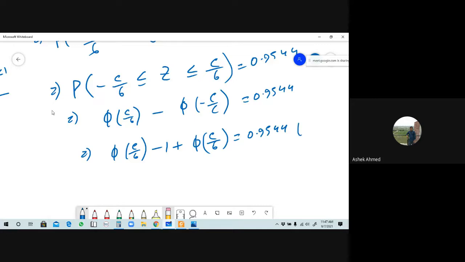Okay, because phi of minus z equals to 1 minus phi of z here. Okay, so from here we can say that this is 2 into phi of c by 6 equals to 1 plus 0.9544, that is 1.9544 here.